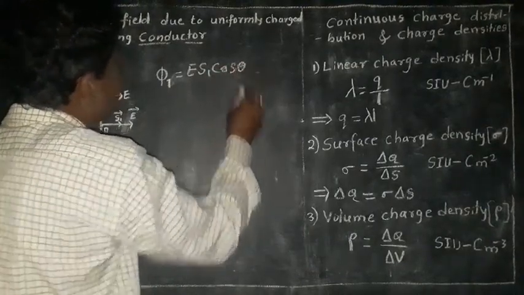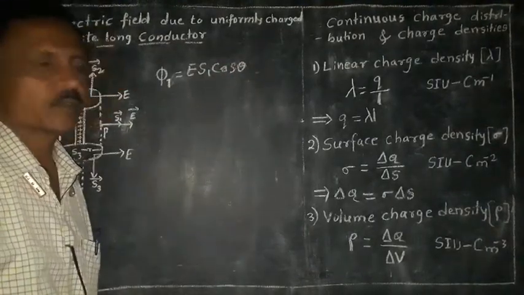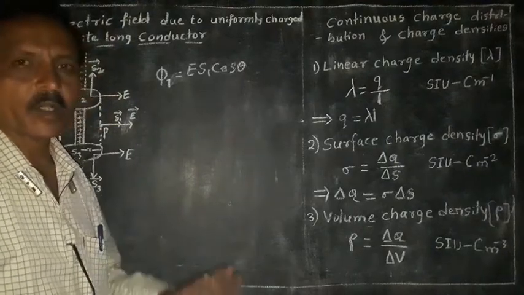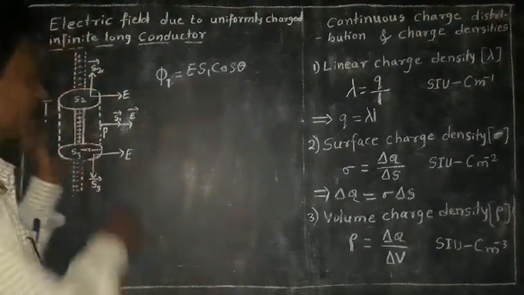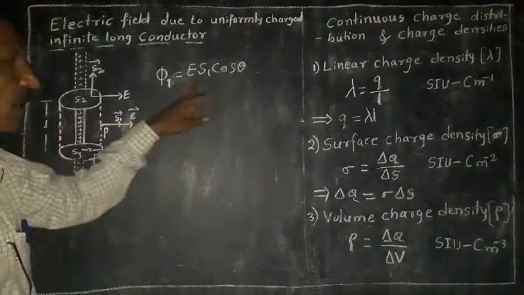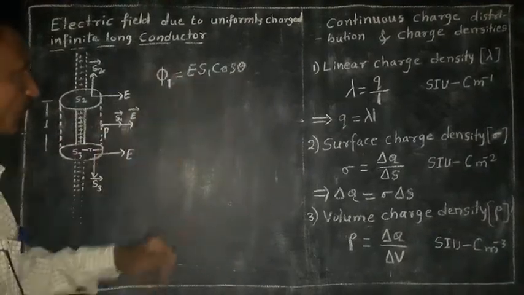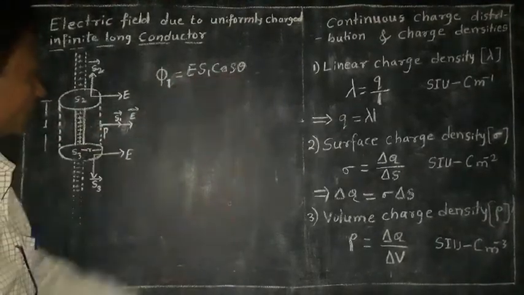We know that electric flux phi equal to EA cos theta. Here S1 is the surface area, therefore A is replaced by S1: E S1 cos theta.